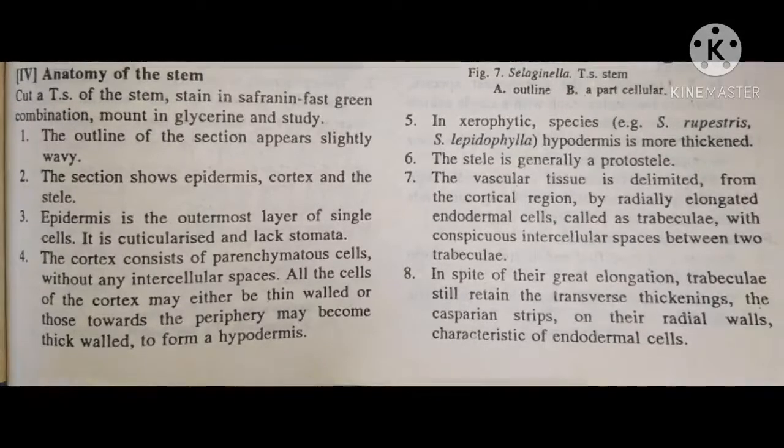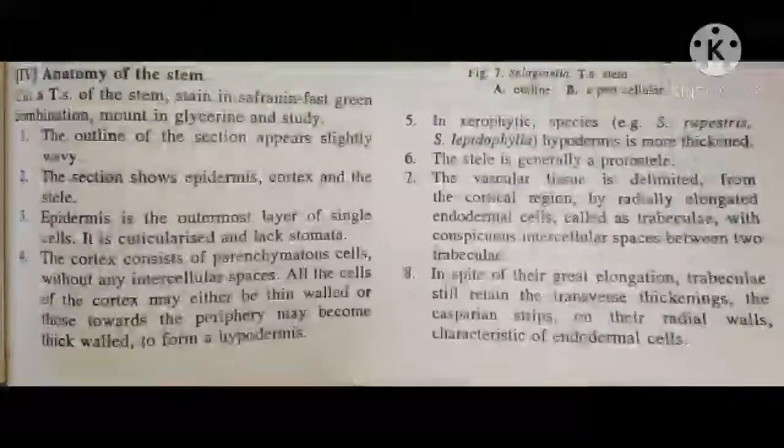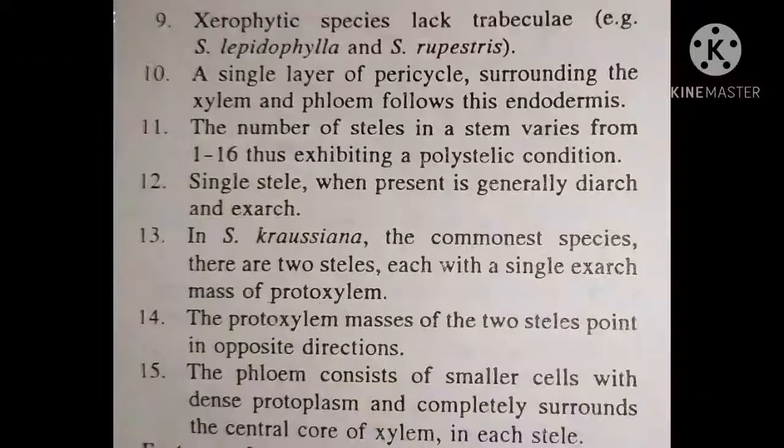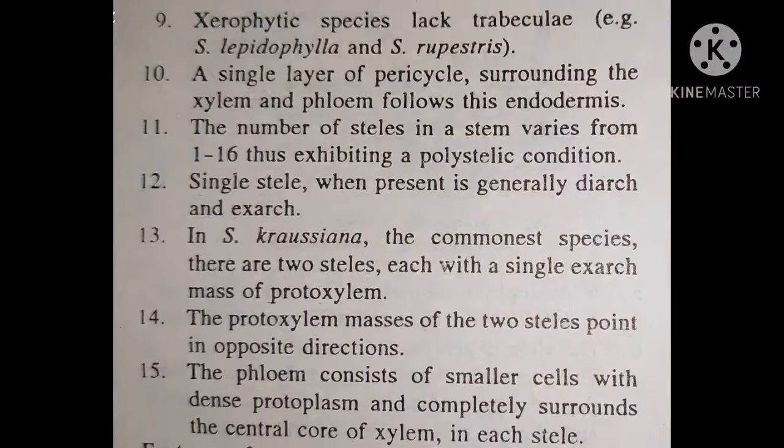The vascular tissue is delimited from the cortical region by a radially elongated endodermal cell layer. Here the endodermis cells are radially elongated in nature, and they are called trabeculae. In between two trabeculae you will see the intercellular spaces.